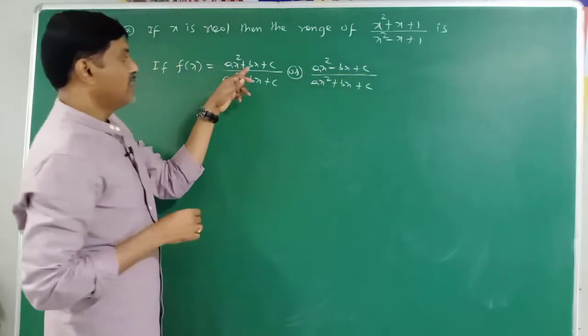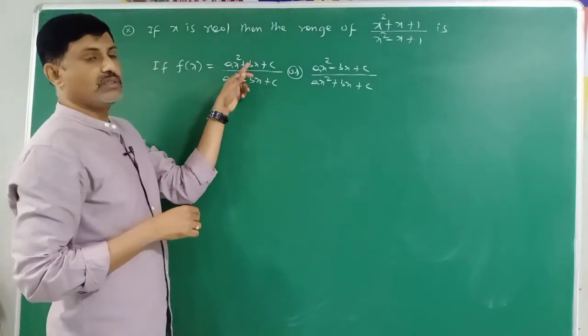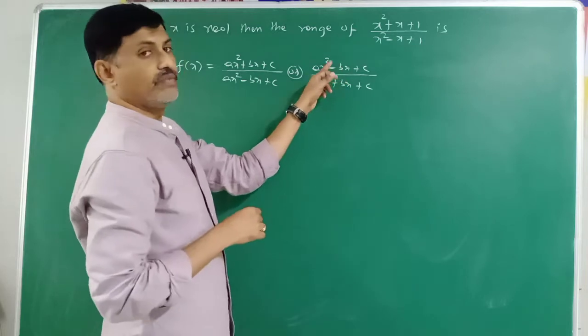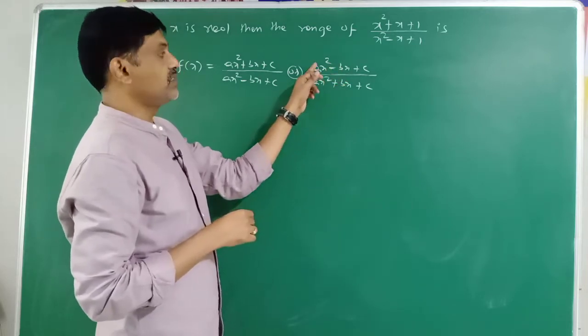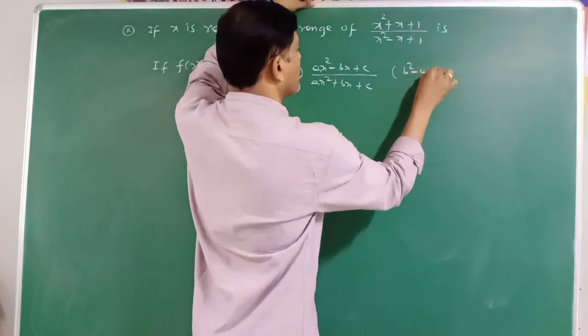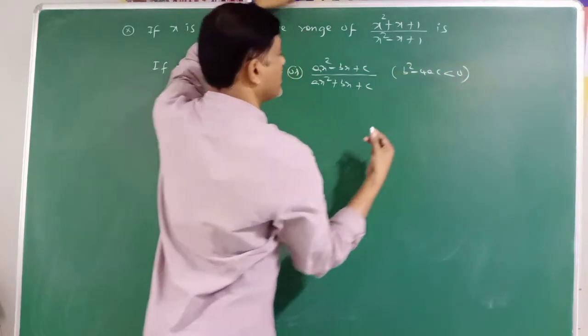Here the x coefficient is positive, here negative. Now these two are same. Here the x coefficient is negative, here positive. These two are same, and delta, b square minus 4ac, is less than 0.